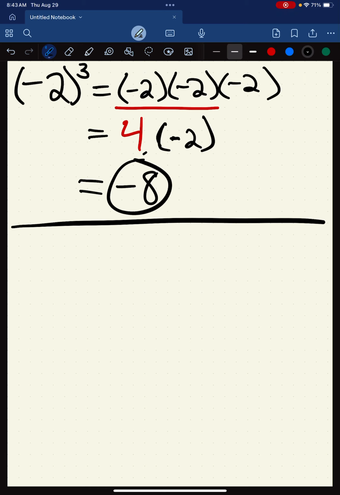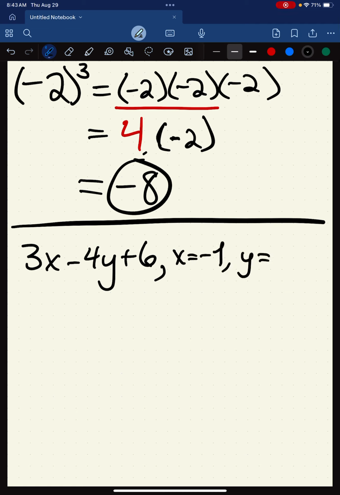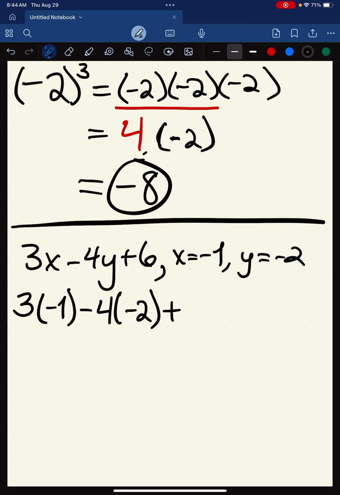Okay. One more example. Let's do 3x minus 4y plus 6 when x is negative 1 and y is negative 2. So we're going to start by plugging everything in. So 3x is 3 times negative 1, minus 4y is 4 times negative 2, plus 6.